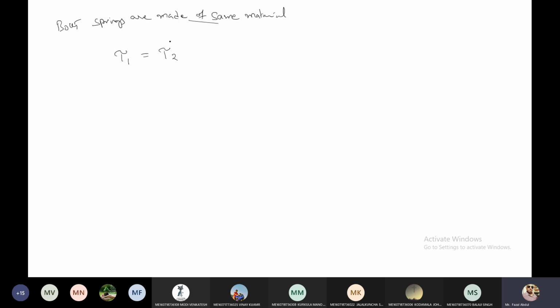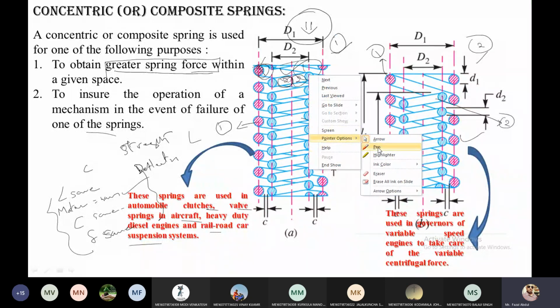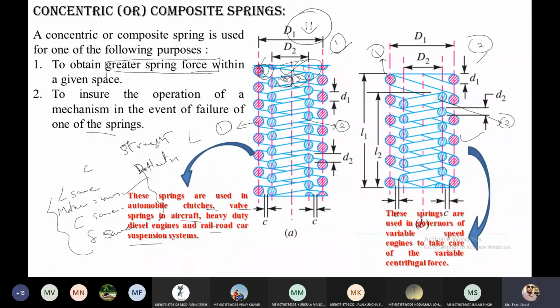First spring, second spring, don't get confused, Babu. In this first category spring only, two springs are there. The outer one is the first spring, the inner one is the second spring. Don't get confused, okay?